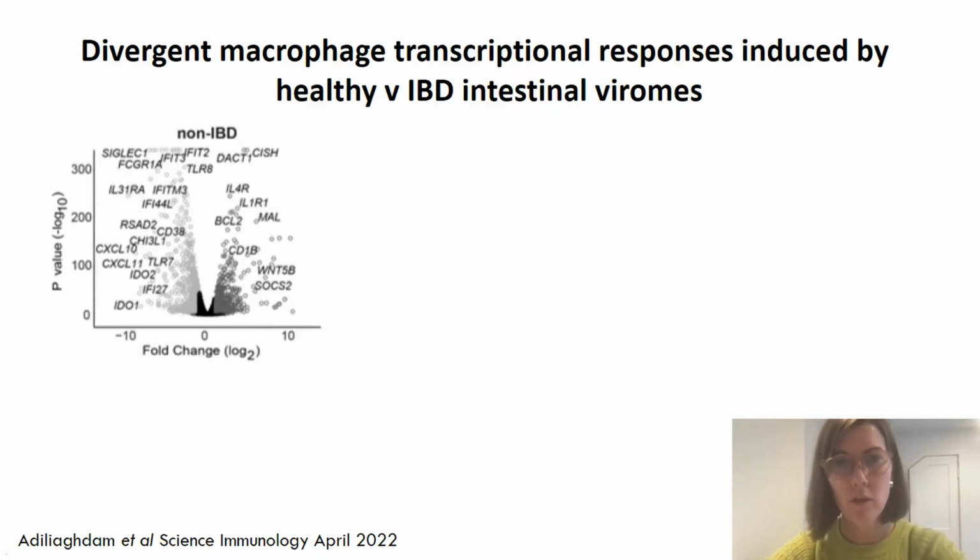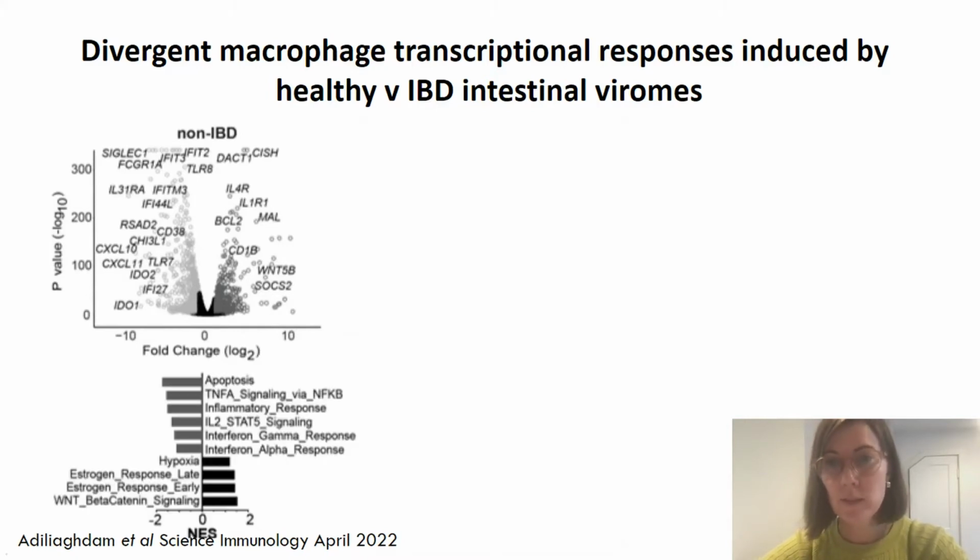This was certainly not a type 1 interferon program. It was more a pro-survival, resolving macrophage type program, with things like CISH, IL-4 receptor, pro-survival factors such as BCL2, the Wnt pathway, and so on. This was analysed by gene set enrichment analysis, where you could really see the downregulation of all these interferon pathways and an upregulation of these pro-survival pathways.